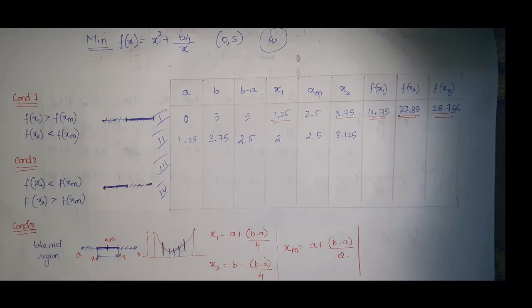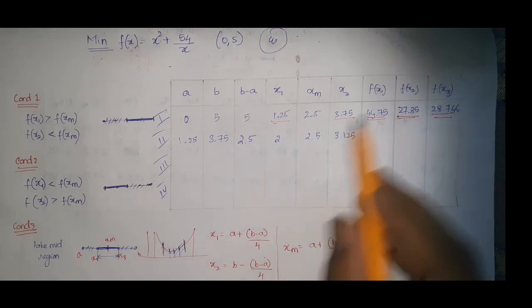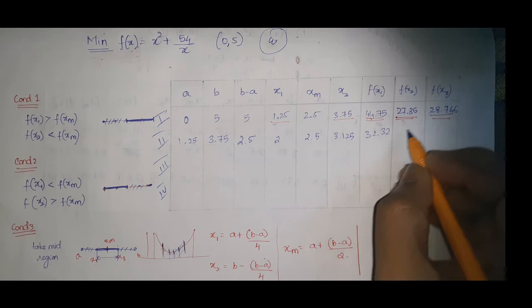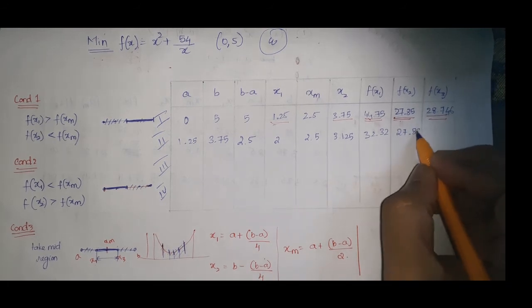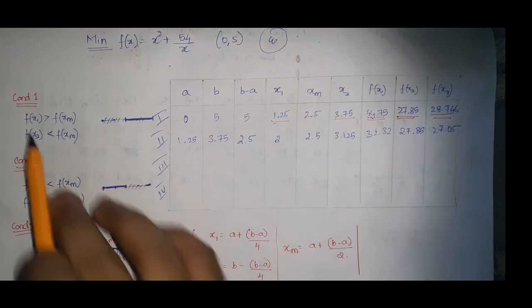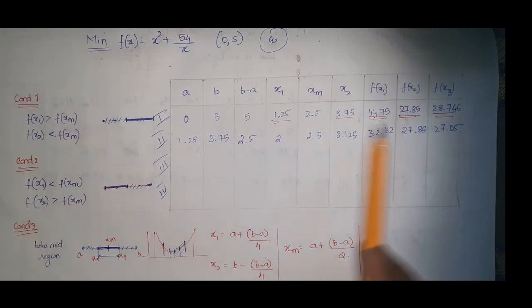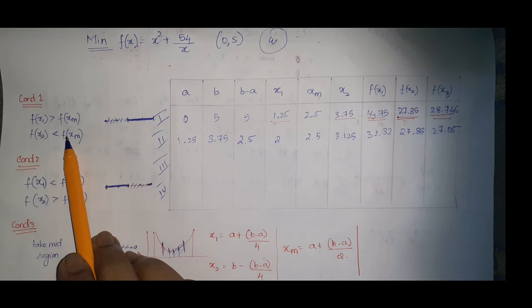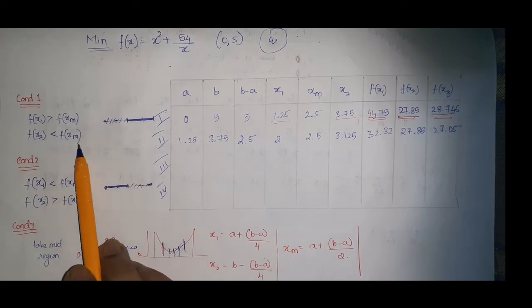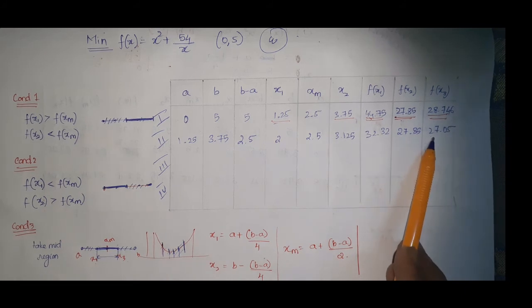To continue this problem, at this point, the function values f of x1, f of xm and f of x3 are 32.32, 27.85 and 27.05. Now we check for the conditions. f of x1 is greater than f of xm, it's true, and f of x2 should be less than f of xm, and in this case it is true.